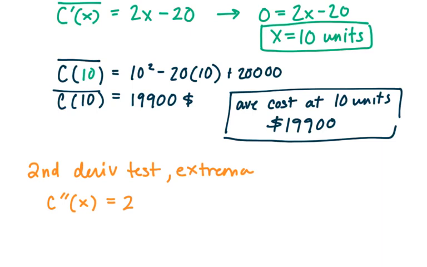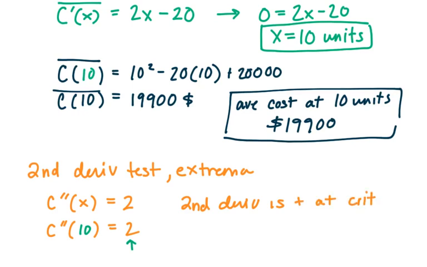So if I were to plug my 10 into this function, c double prime of 10, my output value is 2. And when the second derivative is positive at my critical number, then that means this critical number represents a minimum. Okay?